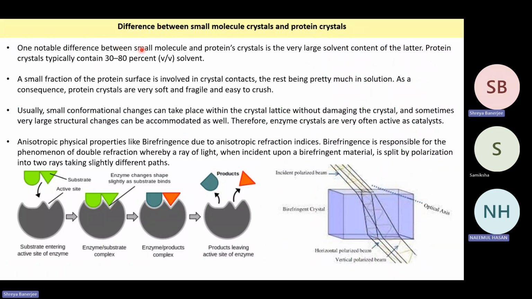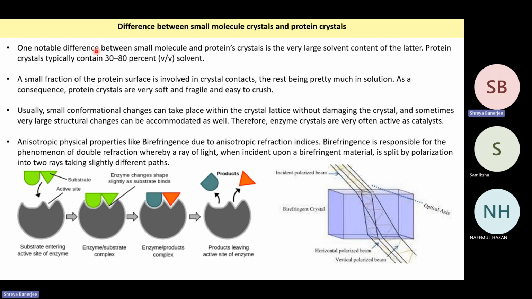Now, there is a difference between salt crystals and protein crystals. One major difference is that protein crystals have a large amount of solvent, almost 30 to 80% solvent. Whereas in salt crystals, if you have studied NaCl crystals in inorganic chemistry, there is no solvent at all. It is just alternating Na plus, Cl minus.